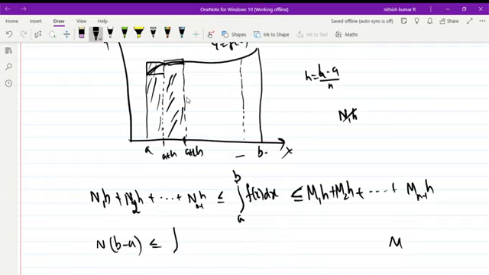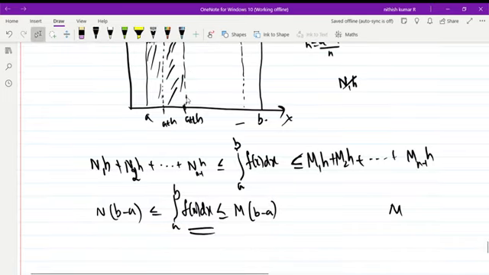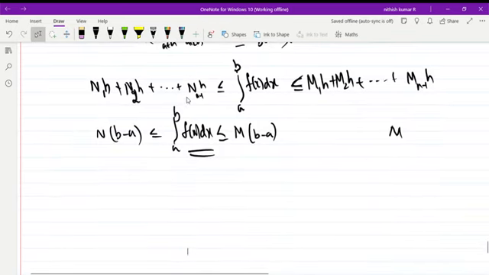This will be less than or equal to the integration from a to b of f of x dx, which is less than or equal to, similarly, m for each term, because m is the largest value taken by f. The M_i's are over smaller intervals, while m is over the large interval. So again this one will be less than or equal to m into (b minus a). So my integral, that is the area, is bounded by two numbers, n into (b minus a) and m into (b minus a).